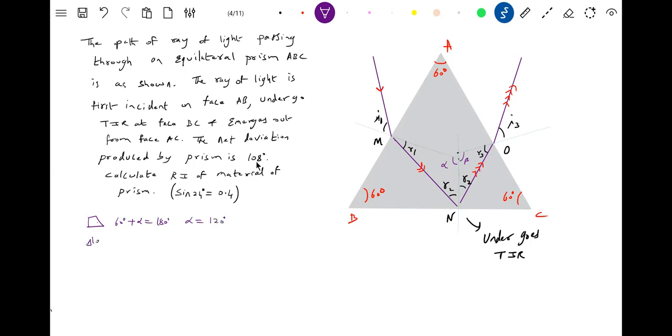Then from this triangle, I'm unable to write the symbol because the space is not there, say P M in this triangle, the sum of angles will be R1 plus R2 plus alpha equal to 180 degrees. Alpha is 120.